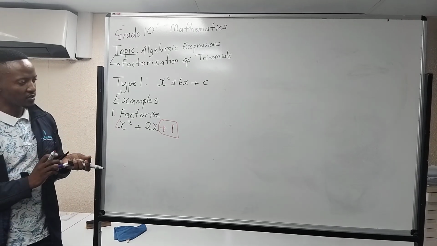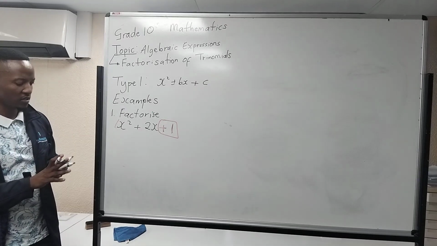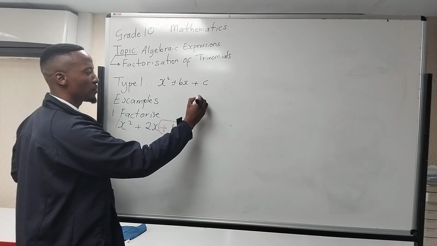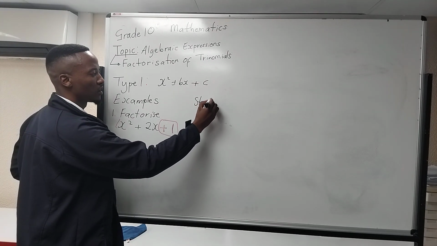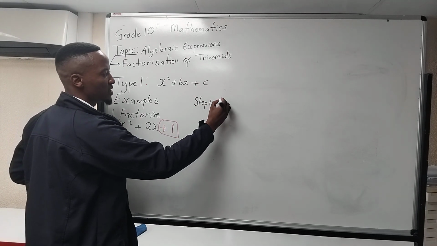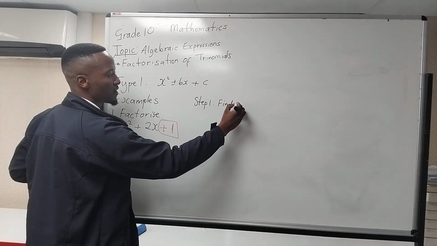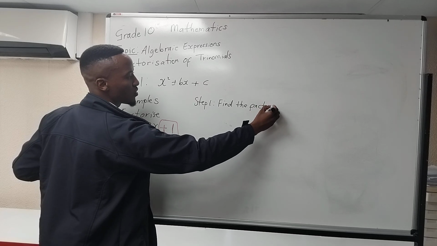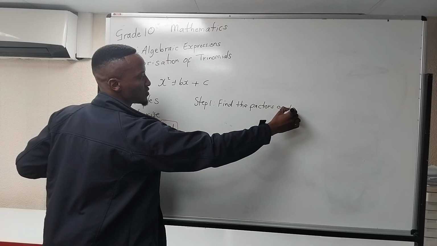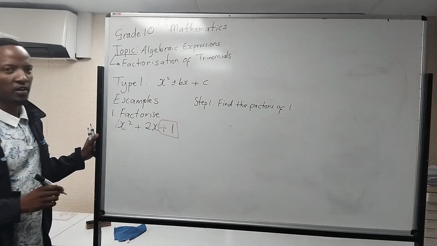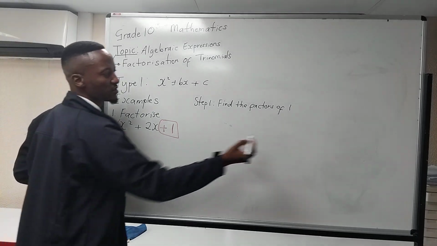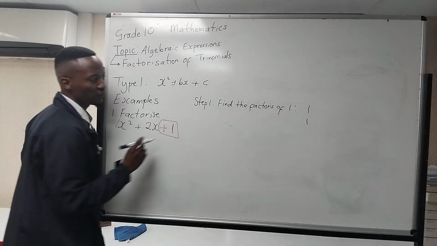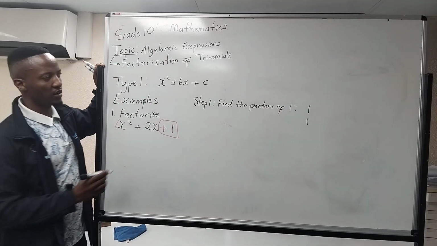Now in this instance, when you factorize your trinomial, you will follow the following steps. Step 1, we must find the factors of positive 1. The factors of positive 1 are 1 and 1.